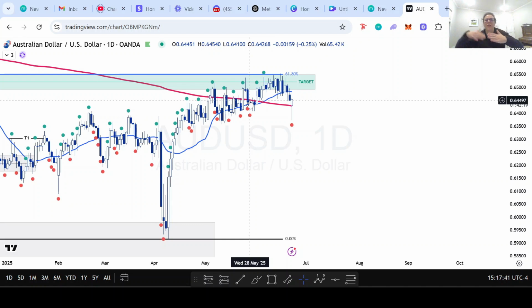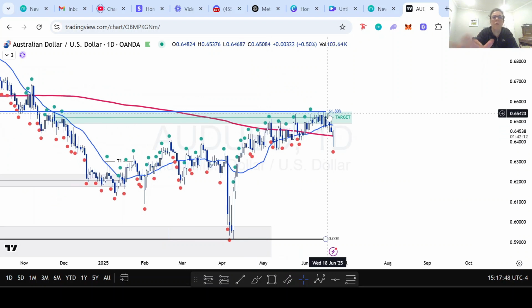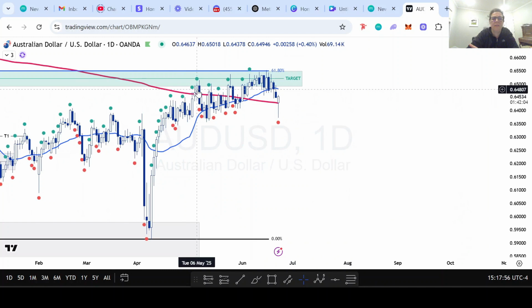Price isn't really taking off like we'd expect. On those, you want to start sitting out and wait for it to resolve, because they're just grabbing liquidity.